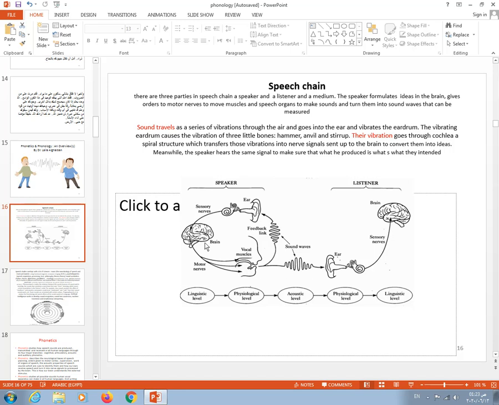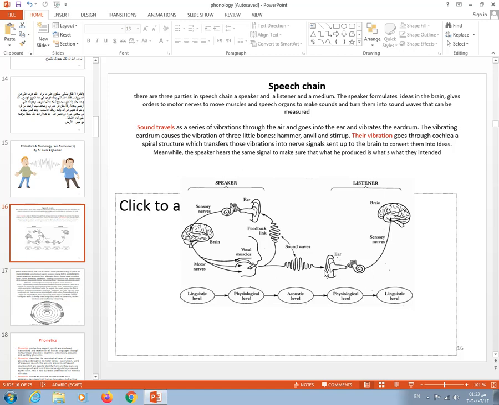The speaker formulates ideas in the brain. It gives orders to the motor nerves to move muscles and the organs of speech to make sounds and turn them into sound waves. Sound waves, as a series of vibrations, travel through the air and get into the ear of the listener and vibrate the eardrum.